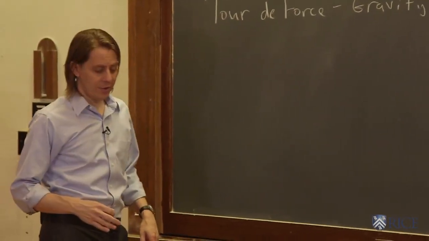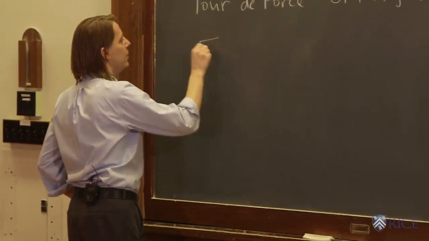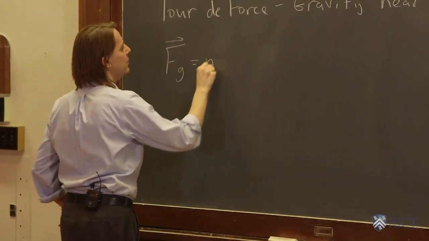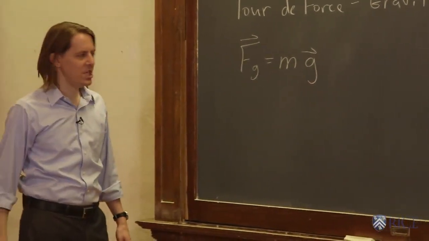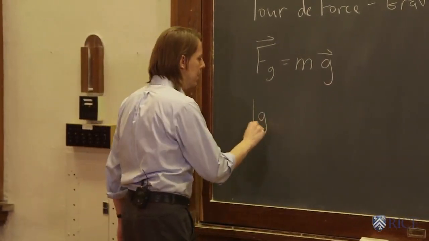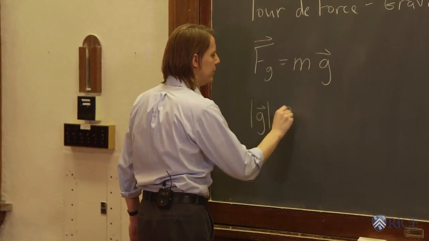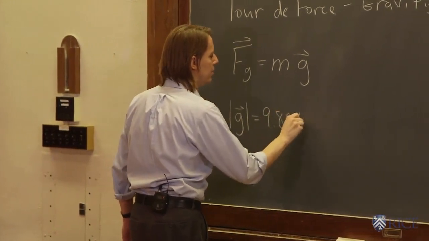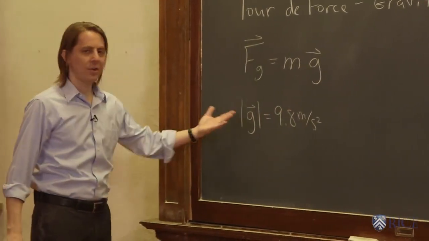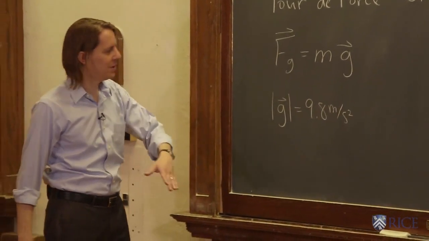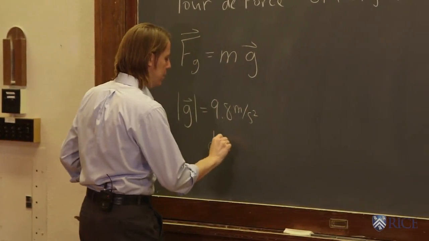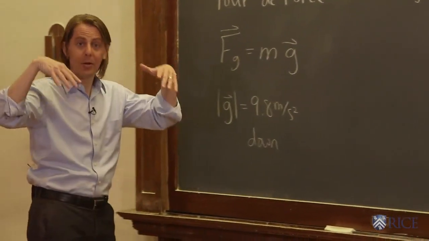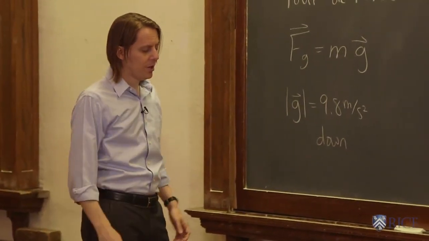So to calculate the gravitational force, Fg is the mass times the vector constant g. The magnitude of little g is 9.8 meters per second squared. It is basically the acceleration that we observed in kinematics, and its direction is down, because down generally for us means towards the surface of the Earth.